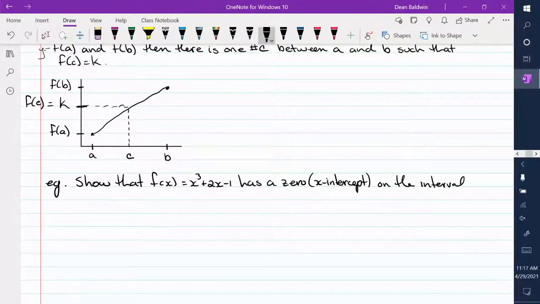On the interval 0, 1. Okay? So I give you a question, and I say, here's your function, the cubic function. Show me that there is a 0, or an x-intercept between 0 and 1. That's what I'm asking for. All right? I don't care what it is. I truly don't.